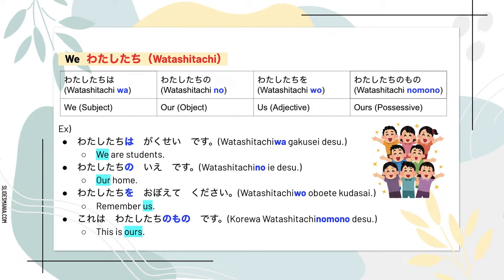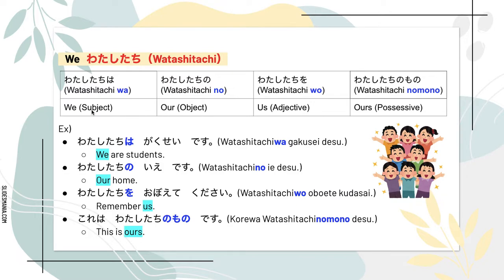Okay, after we talked about I, let's talk about we. We in Japanese is 私たち。Same as the I, it is divided into 4 different sections: subject, object, adjective, and possessive. And as you can see from the chart, all you have to do in 私たち is just change the last bit: は、の、を、のもの, which is the exact same method that you learned in the I section.